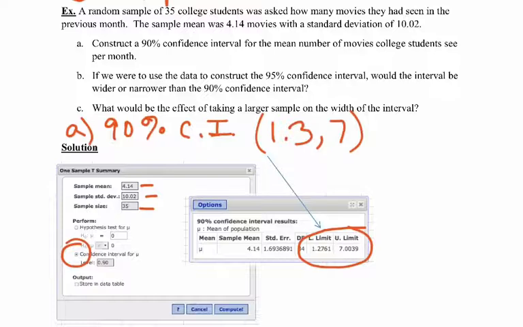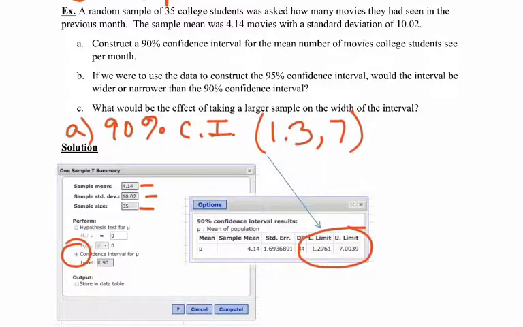So part B says, if we were to use the data to construct a 95% confidence interval, would the interval be wider or narrower than a 90% interval? Well, it's the same rules we had earlier in the course back in chapter 7. So if we construct a 95% interval, it is going to be wider. It's going to include more standard errors in your margin of error, right?